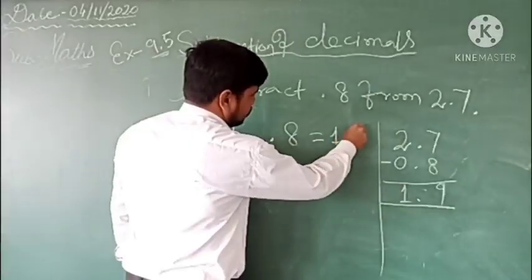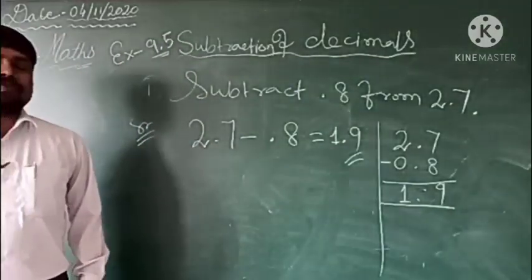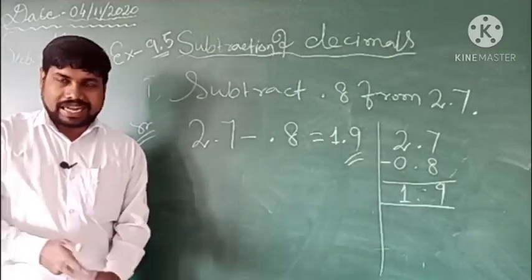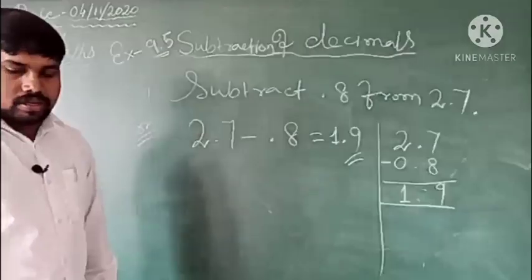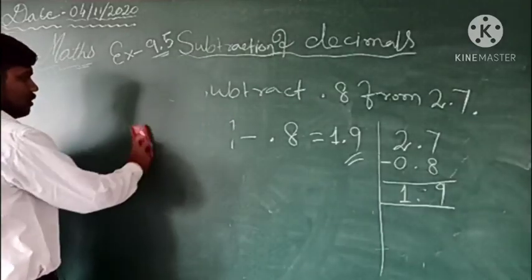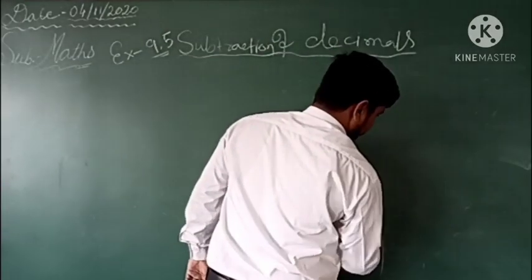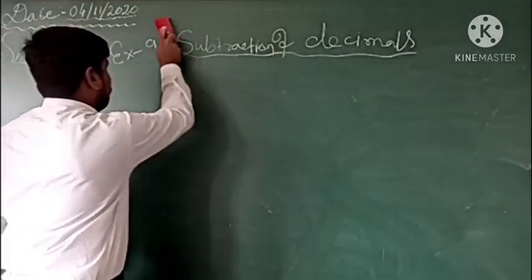So this is how you can do subtractions also, about which we will discuss in our next class in detail. We have done a slight introduction to subtractions, right? So today's classwork was the addition of decimals, and homework is to complete exercise 9.4.